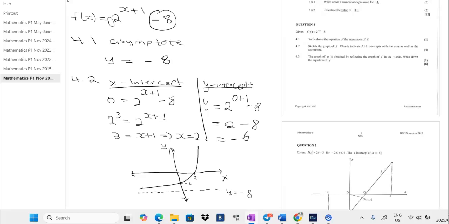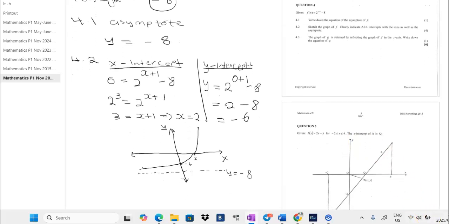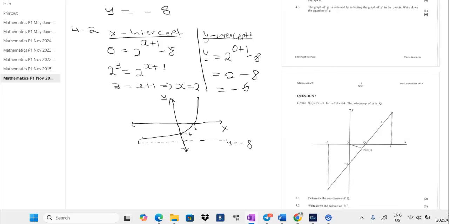Then what is left? The graph of g is obtained by reflecting the graph of f in the y-axis. Write down the equation. So you just do the reflection of the equation in the y-axis. Let me show you a rough sketch of the reflection.